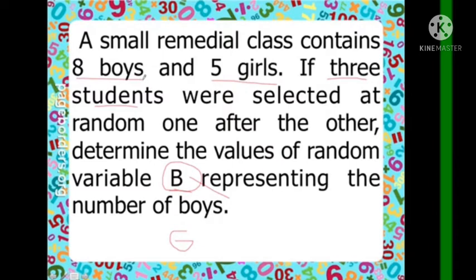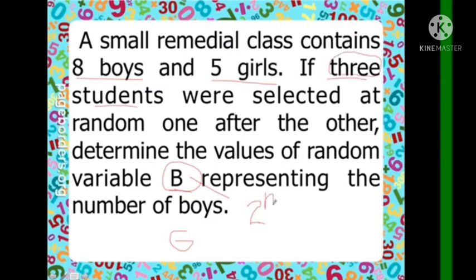So what are now the possible outcomes for the boys and girls? So the total outcomes that we will be having, since we only have 2 variables, we have boys, we have girls, so we will write 2. And then, we need to pick 3 students. So that's raised to n.